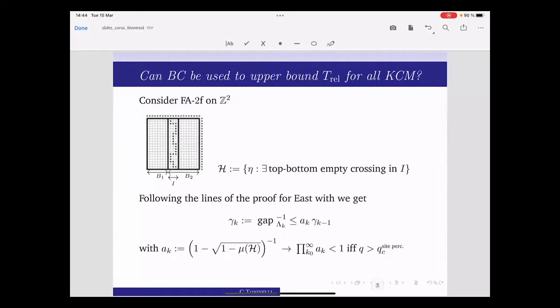But the block on the left needs some boundary condition in order for the finite volume dynamics to have a finite relaxation time.